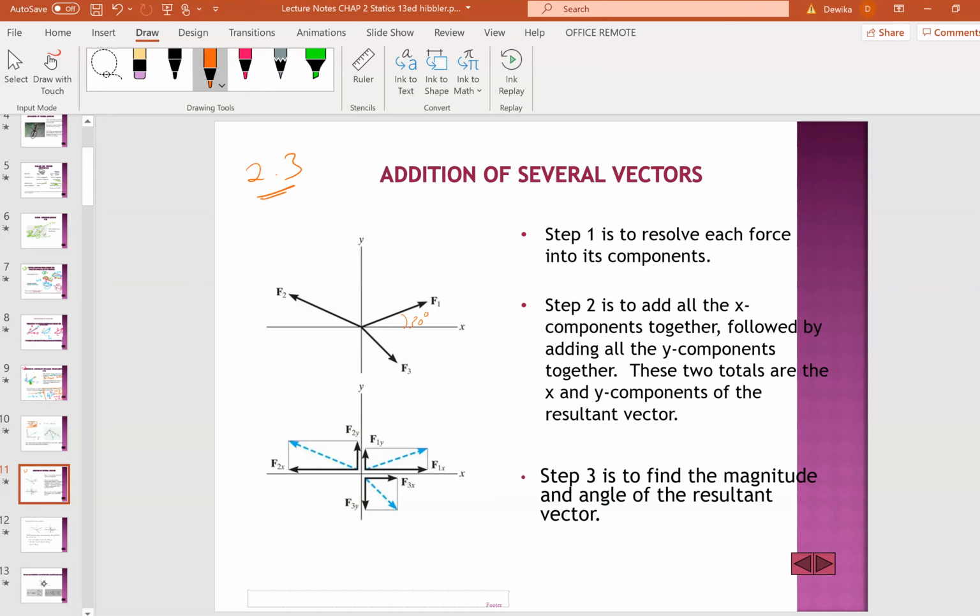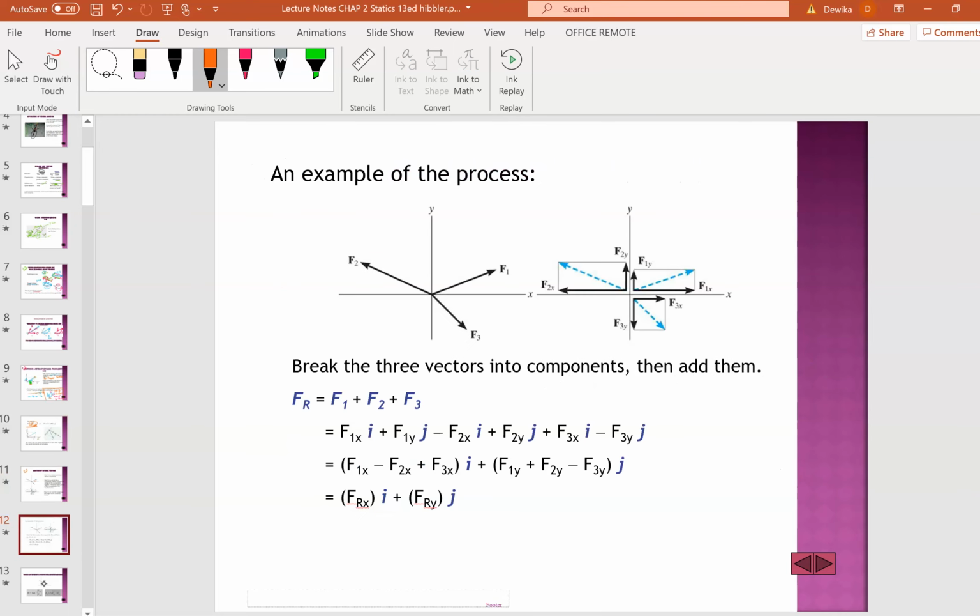Let's look at the next slide. They didn't give the angle, they just showed you the resolving. Can you see F1 is broken up into F1x, F1y. F3 is broken up into F3x, F3y, and F2 is broken up into F2x and F2y.